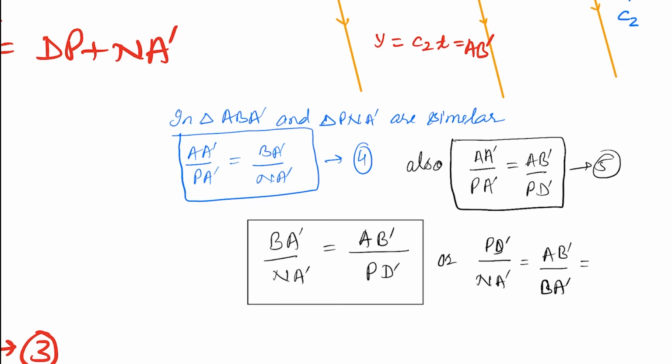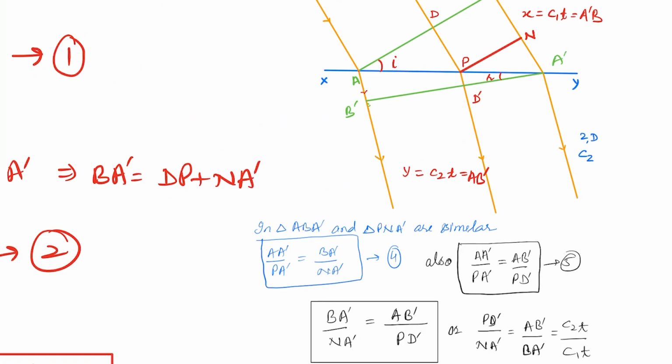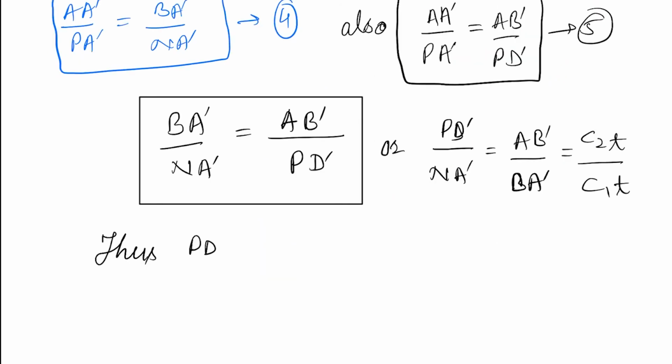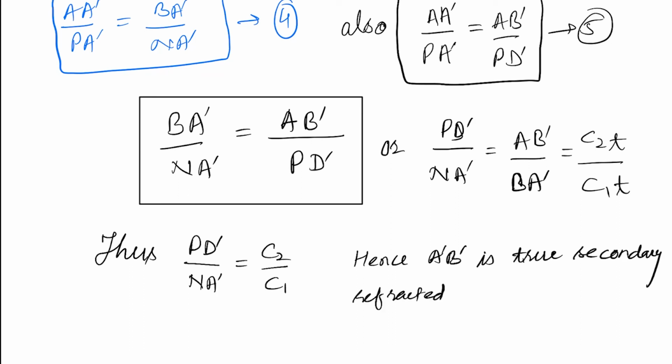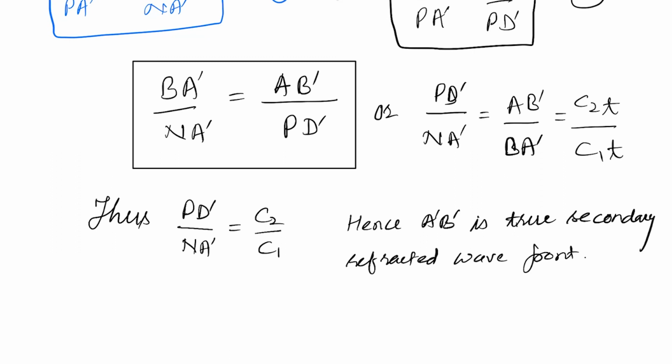This is equal to C2 by T and this is C1 by T, as we can find from these relations. Thus, PD dash divided by NA dash is equal to C2 by C1. Hence, from here, mathematically, we proved that this is the true refracted wave.